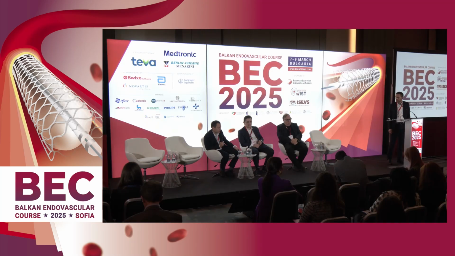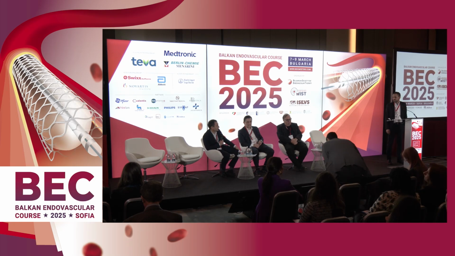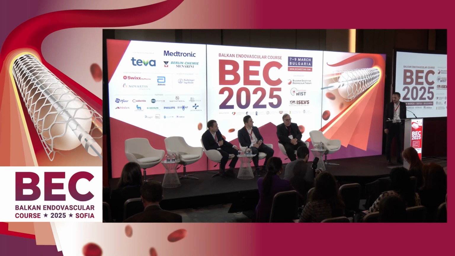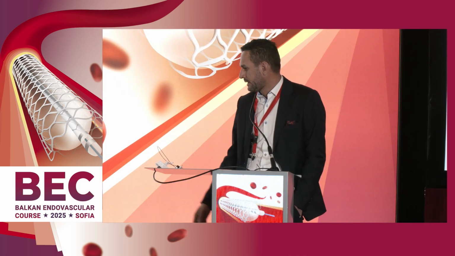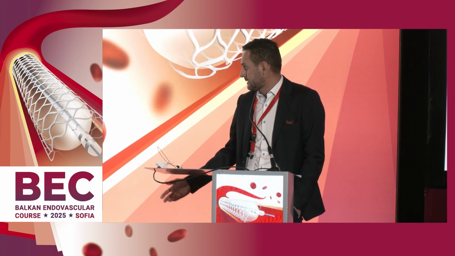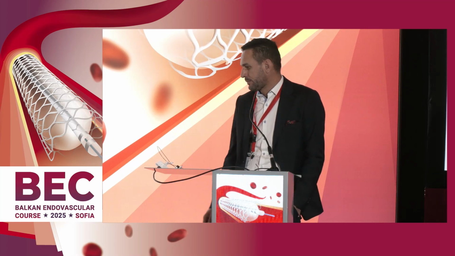And what is the usual size of sheath you use for primary tibial? Only 5 French. Okay. And if it is necessary to put a stent in the lesion, we use the Supera or Everflex. It's compatible with 5 French, yes. Supera sheathless.